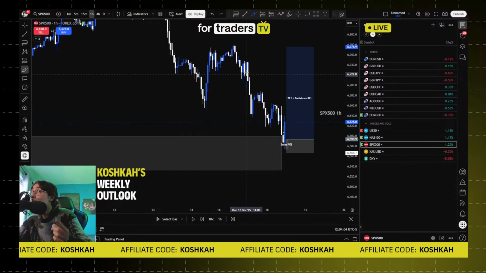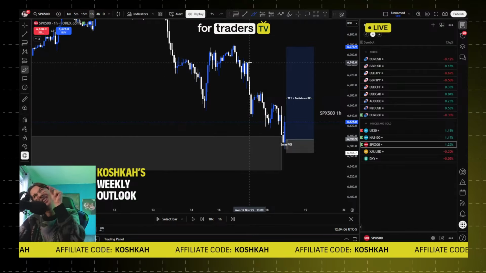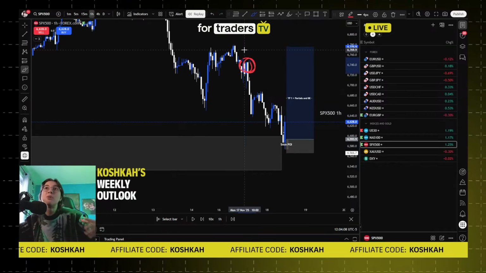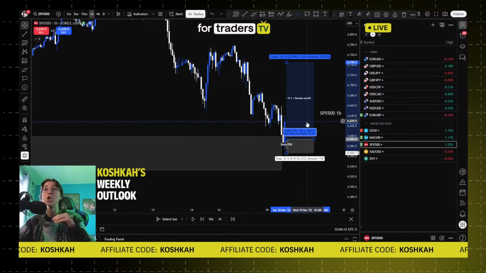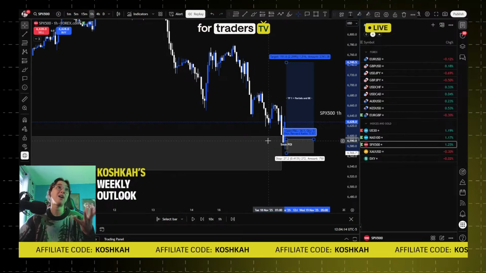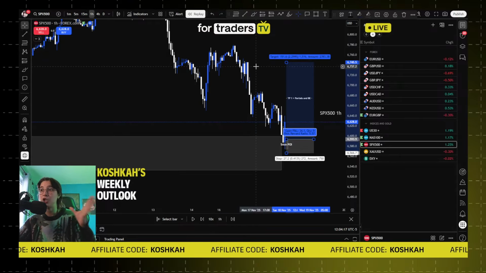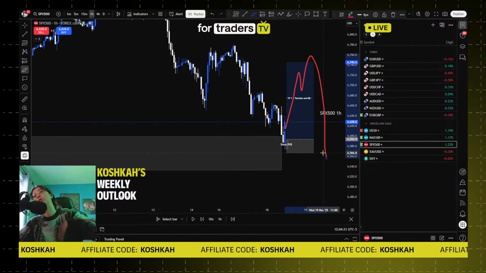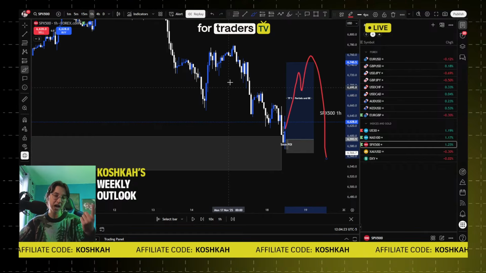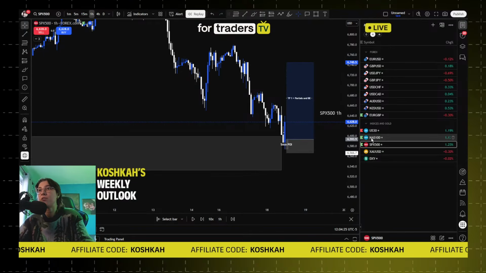So you can target something a little bit lower. We have this kind of blob of pullbacks that you can target here. That way you still have a really beautiful 1:5 risk reward ratio trade, and you're not overexposing yourself if, for example, price wants to push down afterwards. So this is your take profit final.